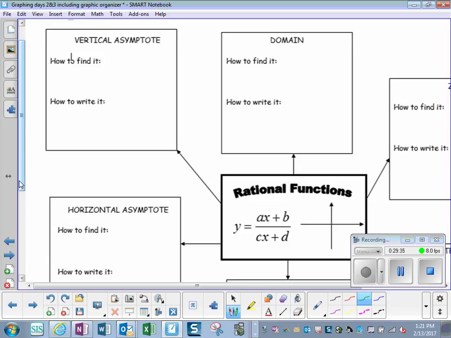So remember, folks: set the denominator to 0, solve for x, and then we write it as x equals whatever we got. Use that restricted domain value for your equation x equals.